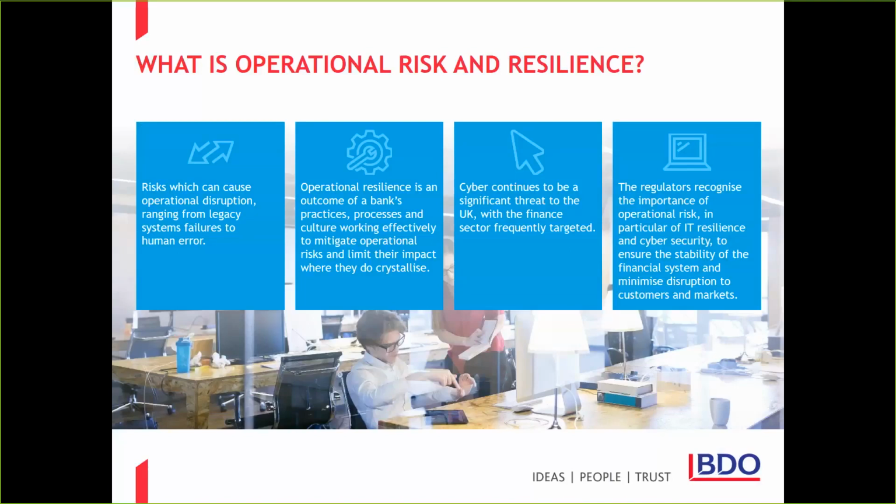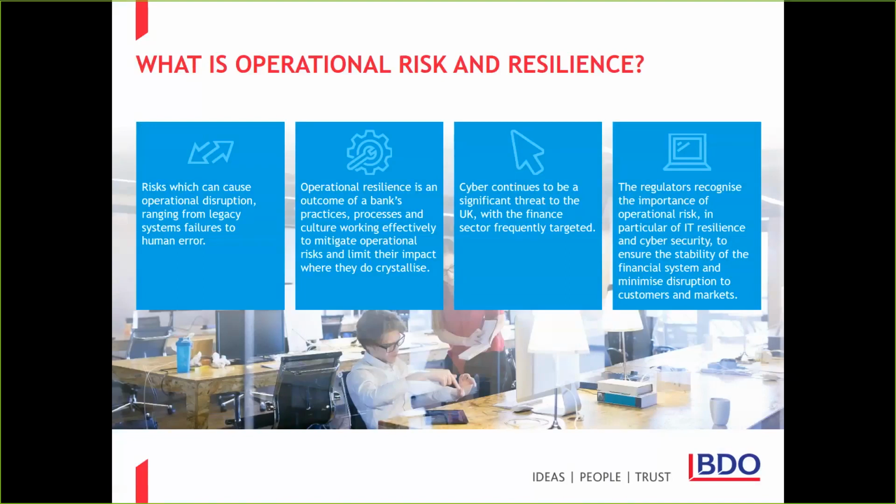If you move on to another thing that you may recall I talked about in terms of key challenges, operational risk and the operational resilience attached to that is always at the forefront. It's been defined in many ways, but I think there are four key things if I were to combine those issues.